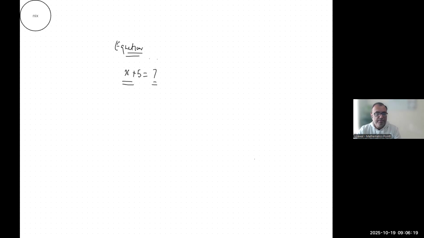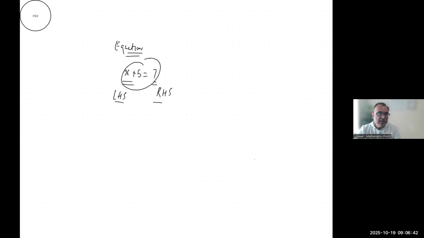Now, this is an equation. An equation always has two sides. The left-hand side is called the LHS, and the right-hand side is called the RHS.